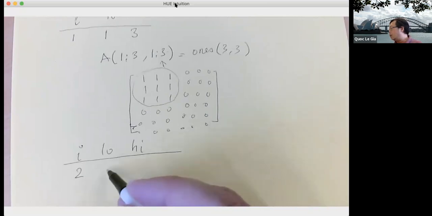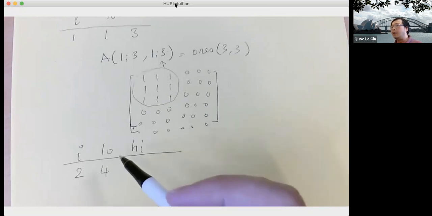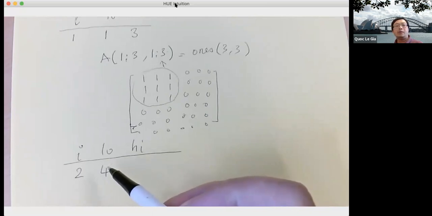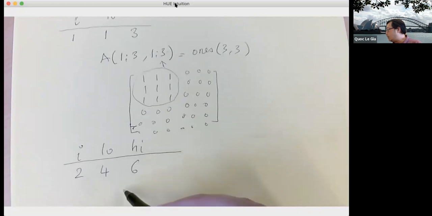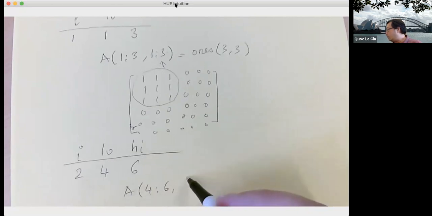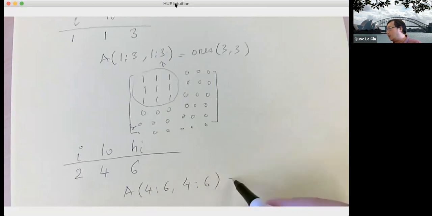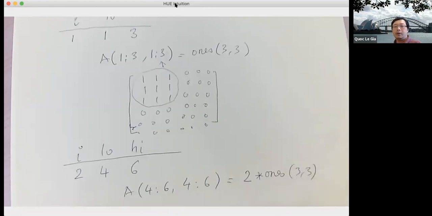Because now it will be K plus 1, so 3 plus 1 is 4, and 6. Now the command will be A(4:6, 4:6) equal to I times ones(K,K). I is 2, so 2 times ones(3,3).